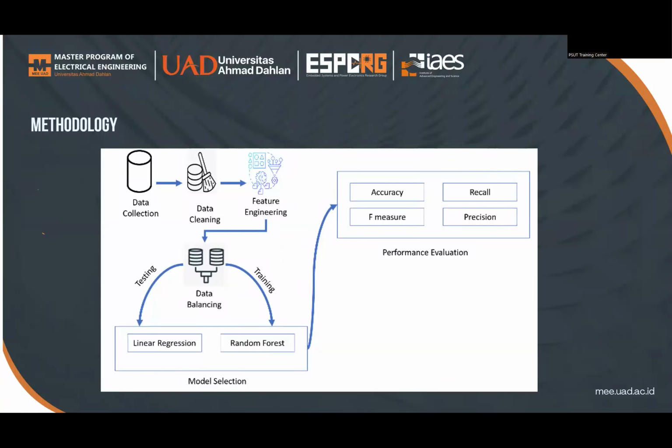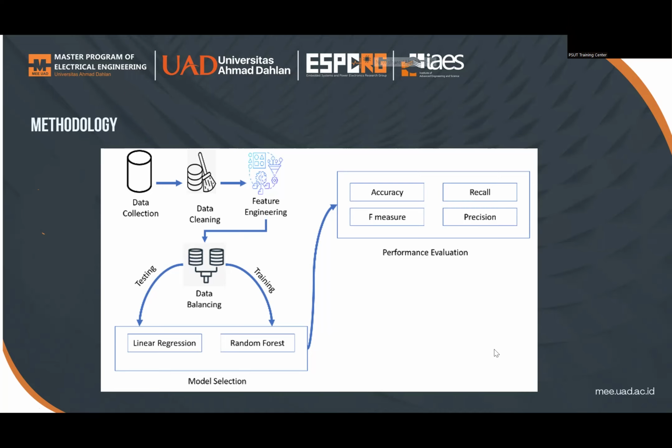After that, we divide the data into testing and training data sets. And then we apply the model selection, which is linear regression and random forest. According to the results, which depend on the accuracy, recall, F measure, and precision, we evaluate the performance of the evaluation.